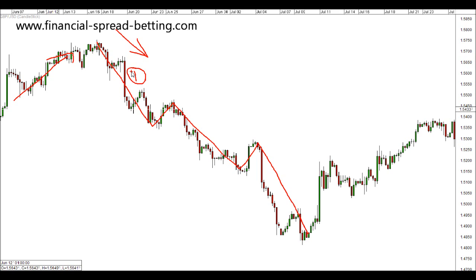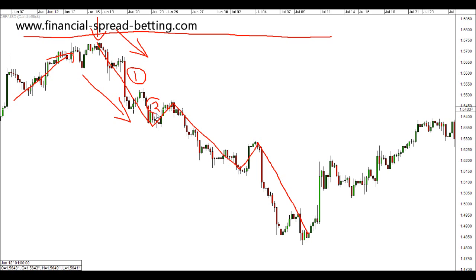Now, the reasons why they would do that could be for a variety of reasons. It could be that this is the resistance level, it could be that there was a news event somewhere around here, and it could be a number of other things. But because of the actions of a small number of people, price has depreciated and fallen on the downside.